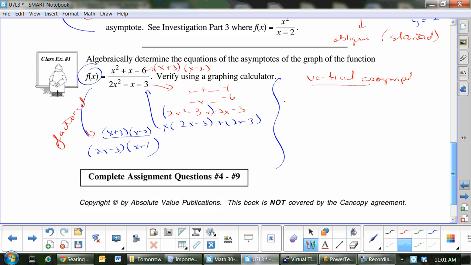So we want to find when the denominator, 2x minus 3 and x plus 1, equals 0. So when does that happen? Three over 2 and -1.